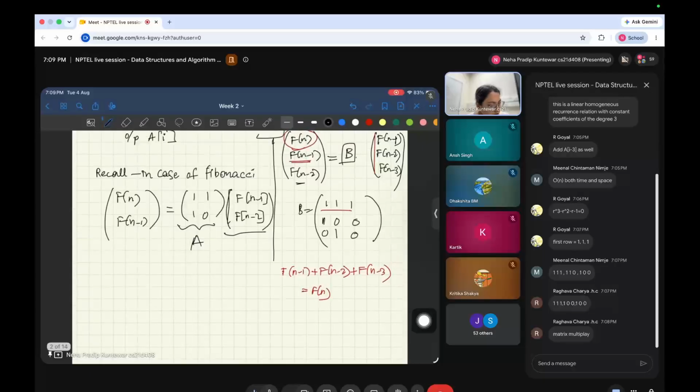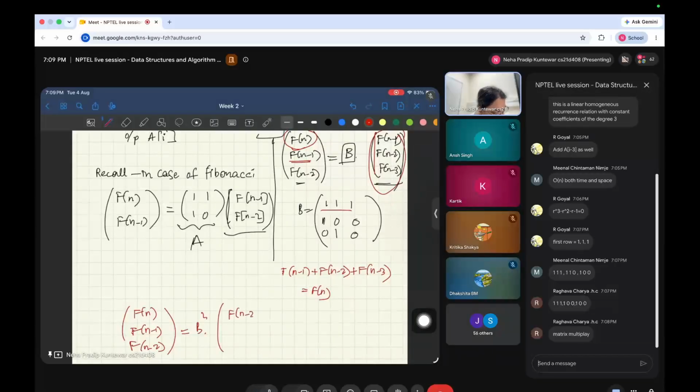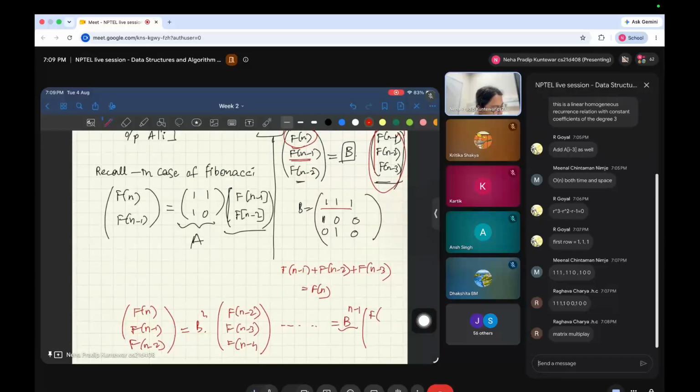So now you can replace this with the same formula again, and you'll get something like f of n minus 1, f of n minus 2 is equal to B square times f of n minus 2, f of n minus 3, f of n minus 4, and you can keep on repeating this until you are left with, okay, I'm assuming this is B to the n minus 1. Okay, you can back calculate this, and this will be f of 2, f of 1, f of 0.